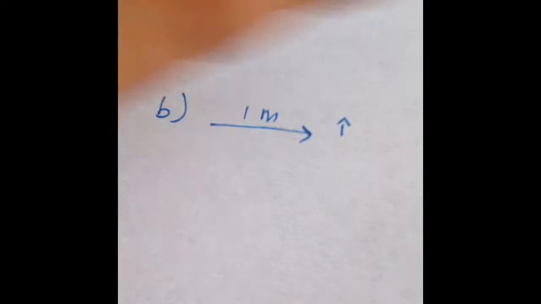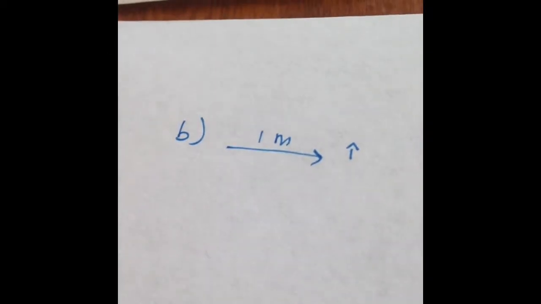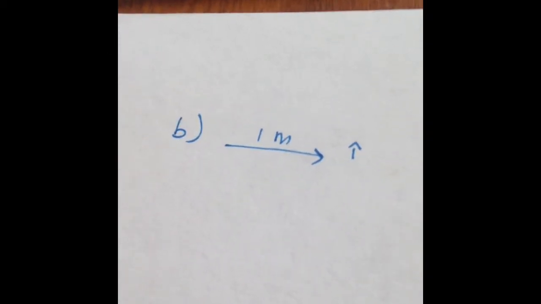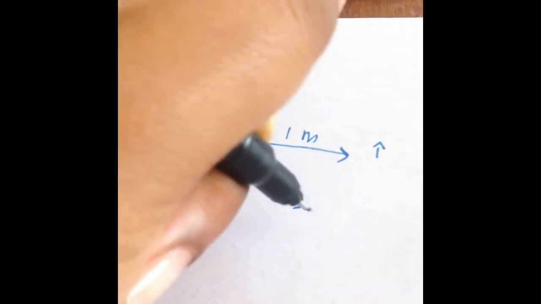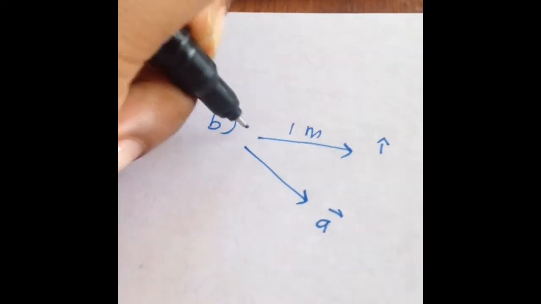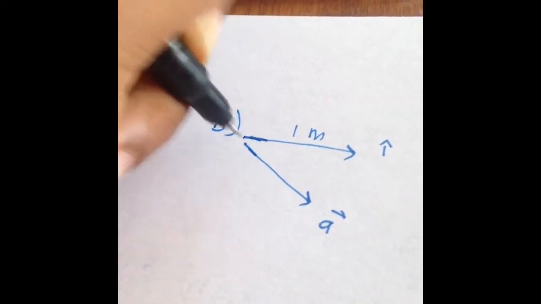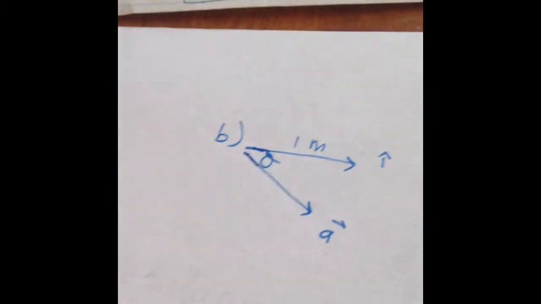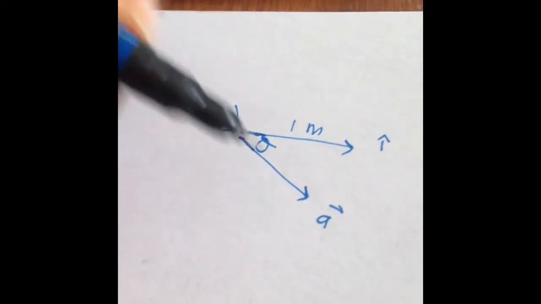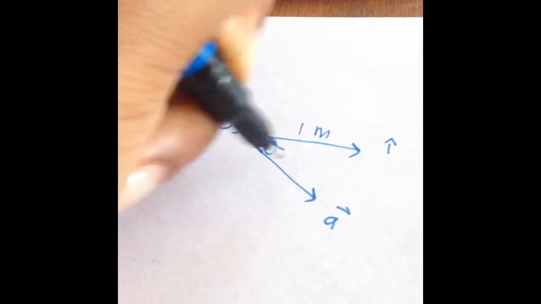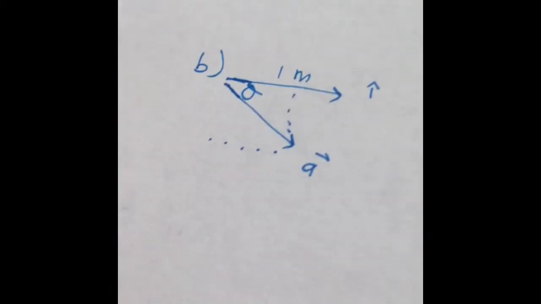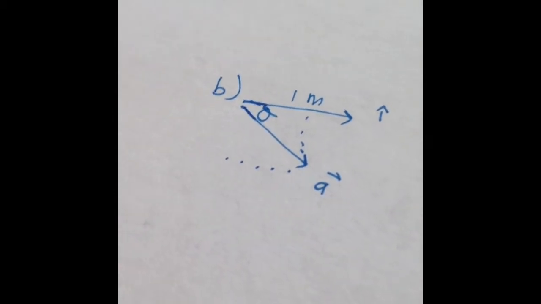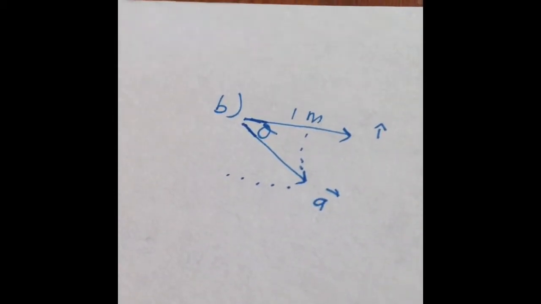So if you draw it out, you have your unit vector going directly to the right, and since your acceleration vector is 0.8, -0.3, it's going to be going in this direction. So this is your acceleration vector, and pretend these extend all the way, you're looking for this angle right here. So since you know the x value and you know the y component of the acceleration vector, you can just use a right triangle and find theta in that way.